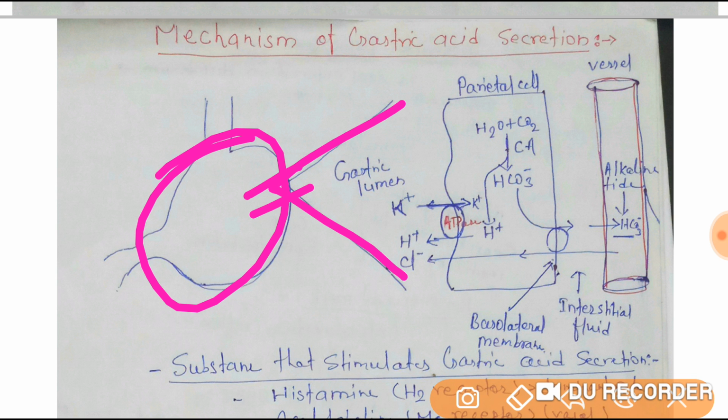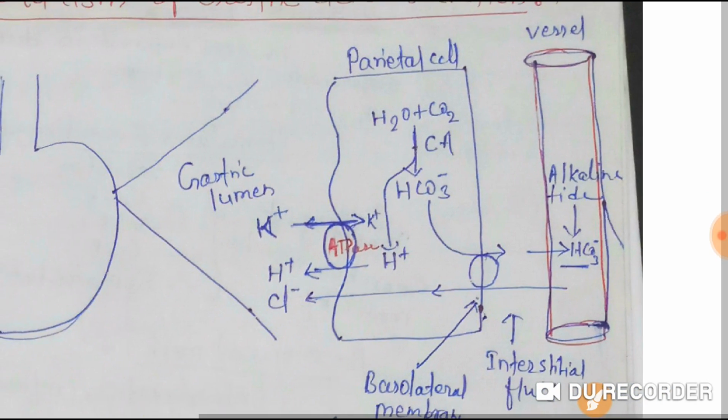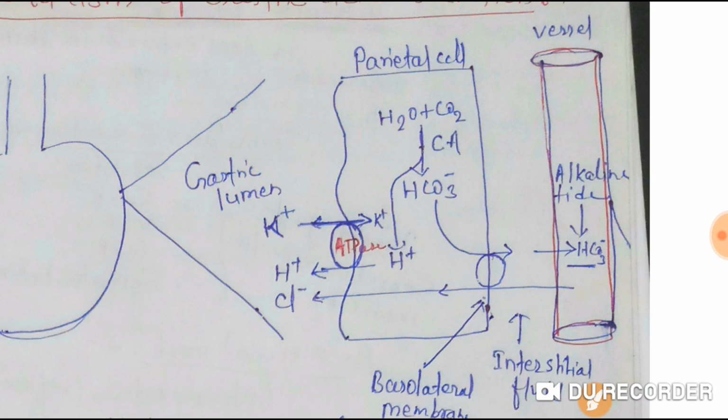Here these are the vessels, which are outer in structure, and beneath that there is the parietal cell. This is only a diagrammatic representation so that you can easily understand it.